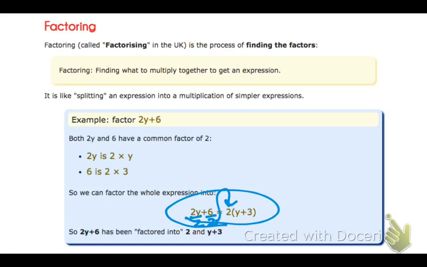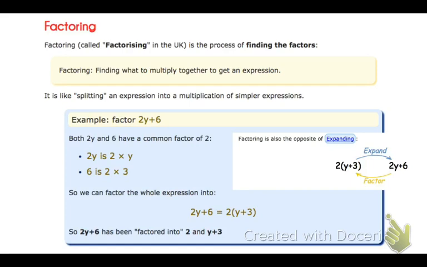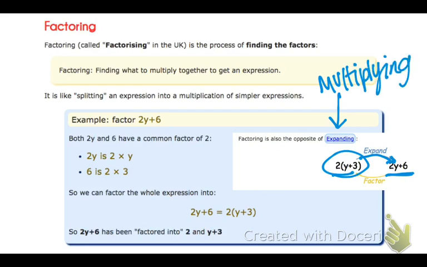I'll get into that in just a sec. So this is the factored version. This is the expanded version. Okay. So factoring is the opposite of expanding, where expanding is just really a synonym for multiplying.